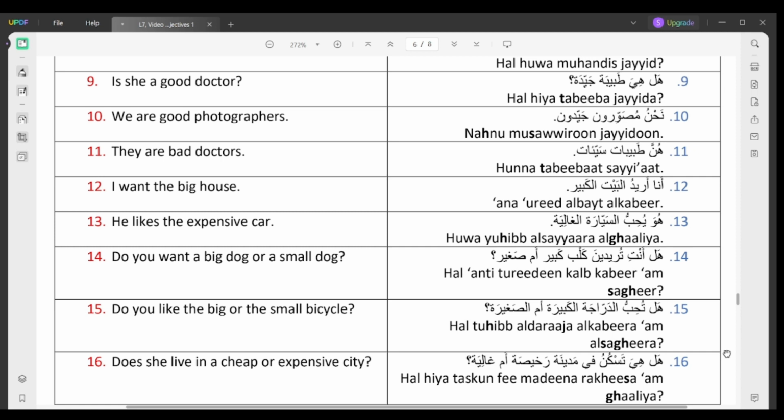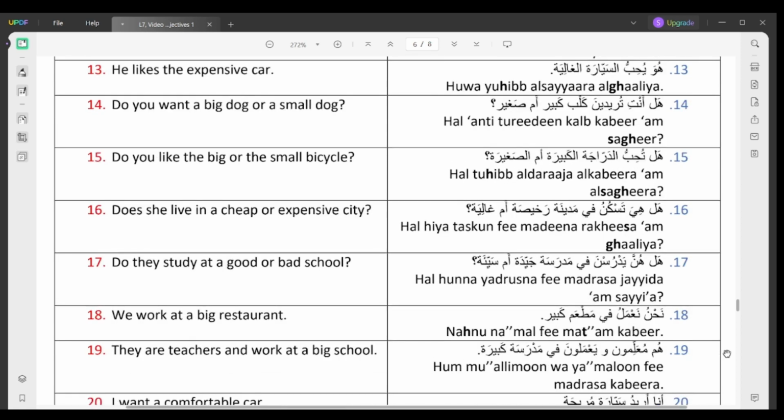Number 14, do you want a big dog or a small dog? Number 15, do you like the big or the small bicycle? Number 16, does she live in a cheap or expensive city?